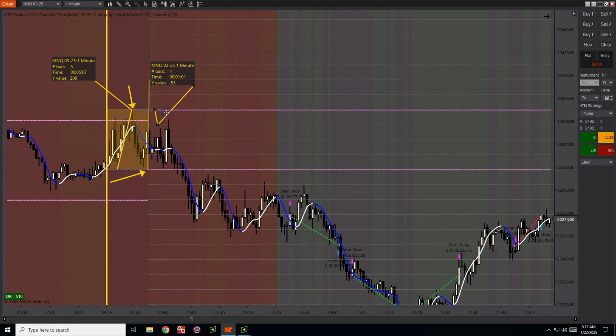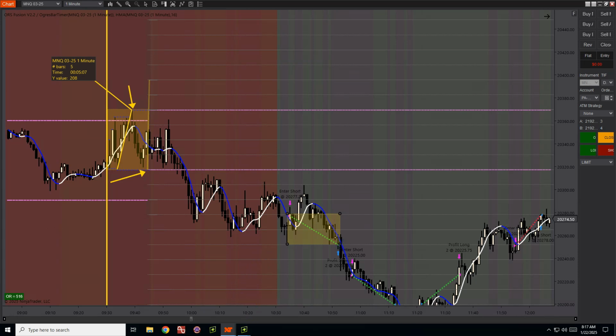And what we're doing is we're looking for not one range level, but 2 range levels. I call them SDs. 2 range levels for a target. And we can see down here, we get an entry short right here and a target. 2 range levels.